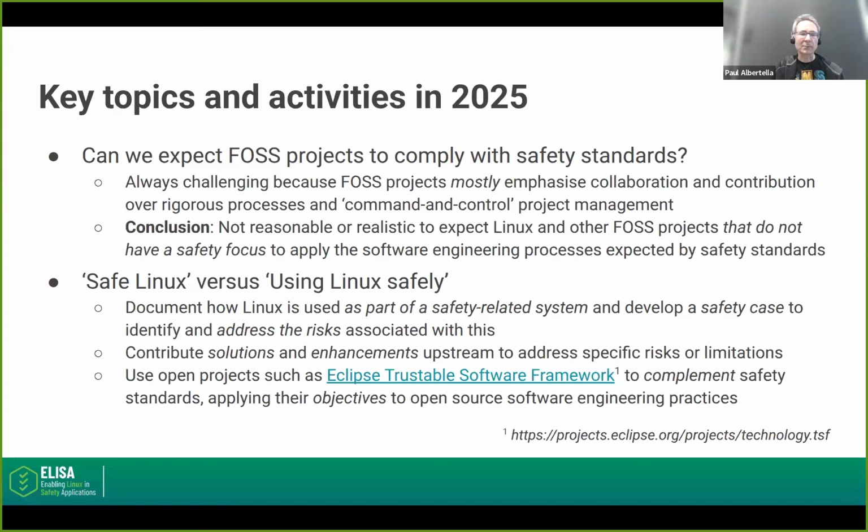But I think we can't completely fulfill those requirements. And in particular, we can't expect projects that don't actually have a safety focus to apply those processes as they're expected by the safety standards. So this is what brings us to this idea of using Linux safely rather than arguing that Linux is safe.